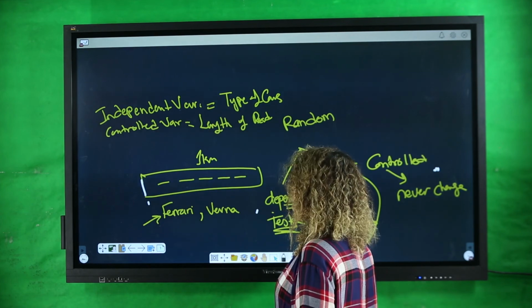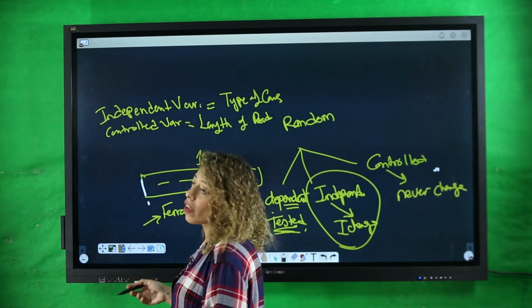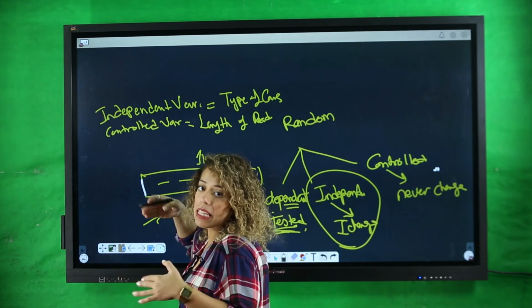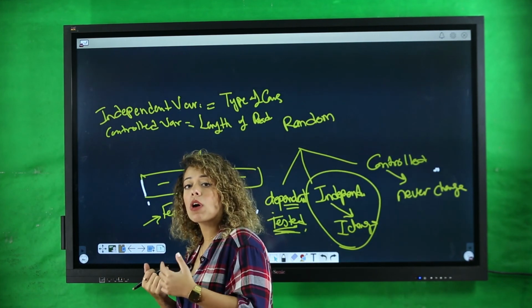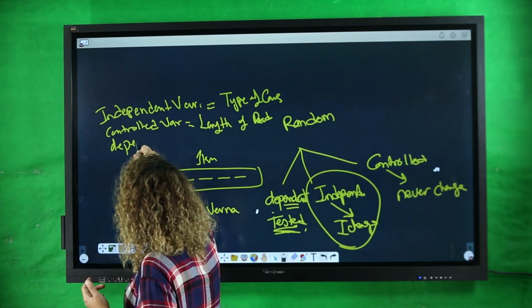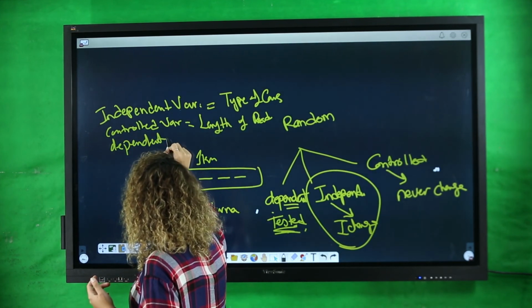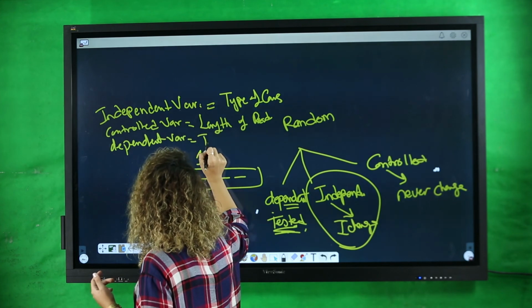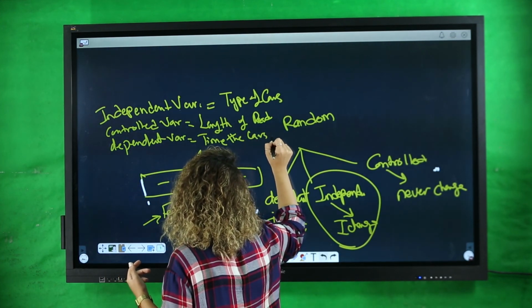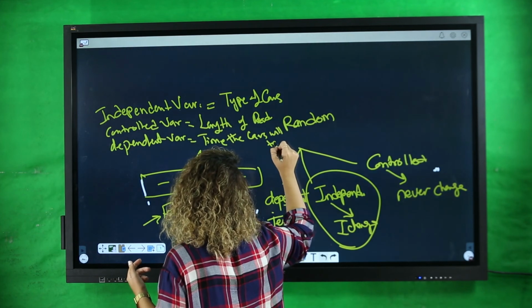What's the dependent variable? It's the time, the time they're going to take. This is what depends. It depends on the independent, it depends on the type of the car. That's why we call it a dependent variable. So the dependent variable is the time the cars will take.